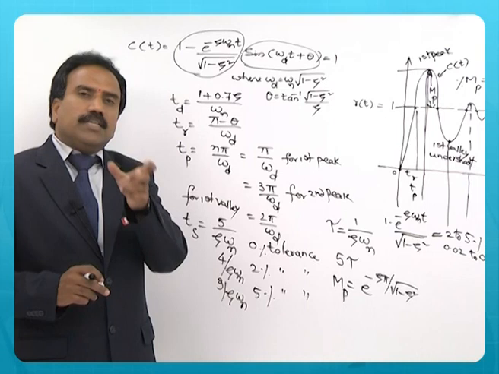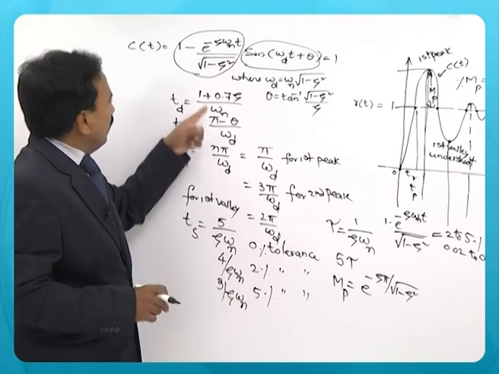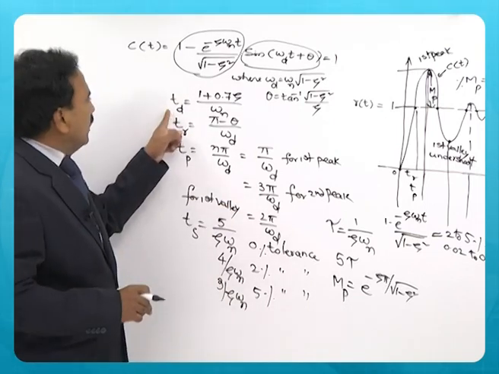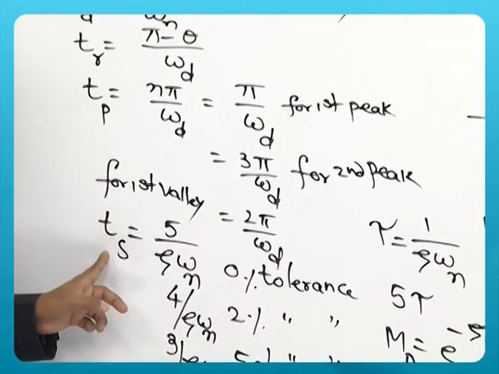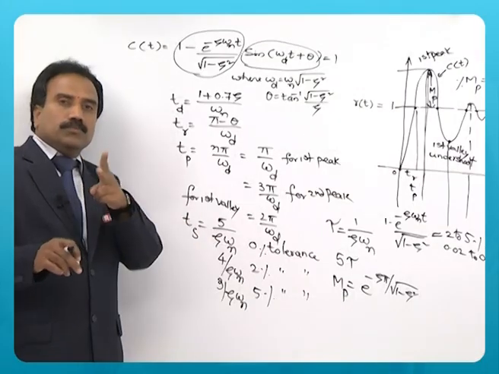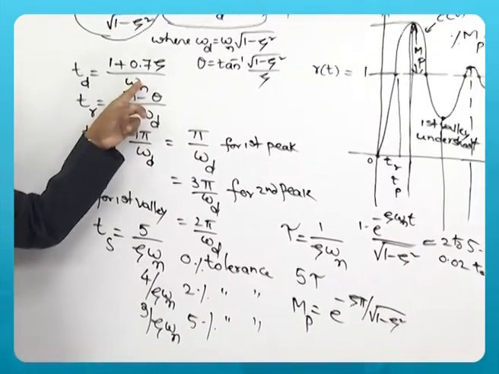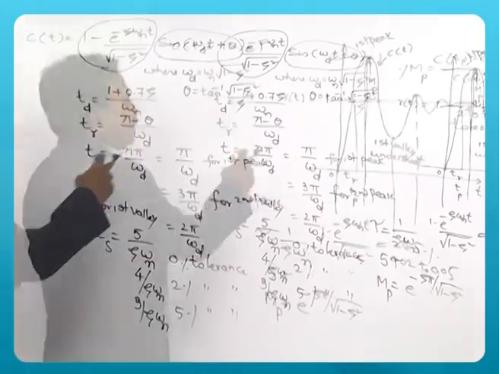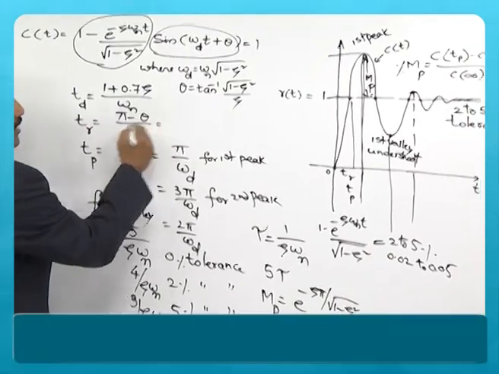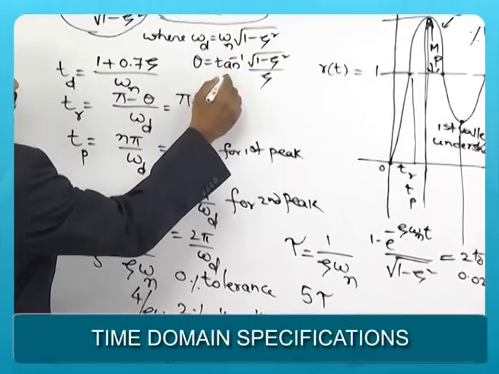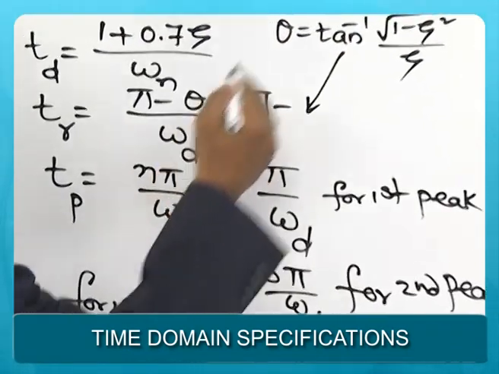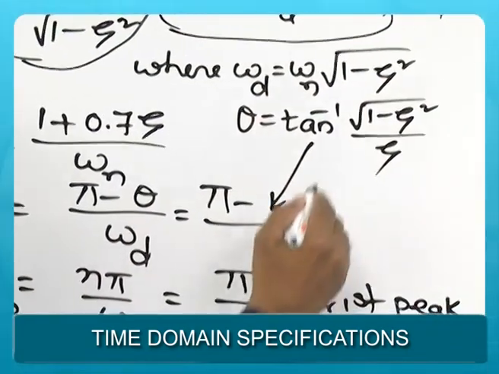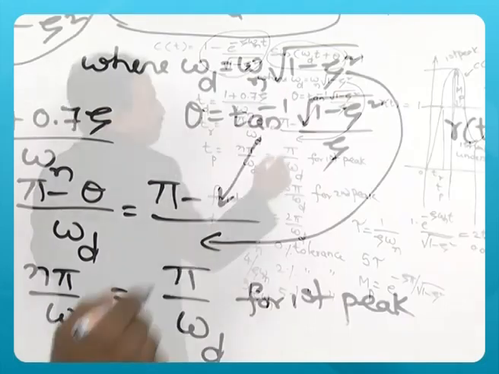One important thing you must know: in all the times, if you see delay time, rise time, peak time, settling time, there are both terms zeta and omega n, because even here, rise time means pi minus theta, theta means this, and omega d is there, so you need to replace this omega d here.